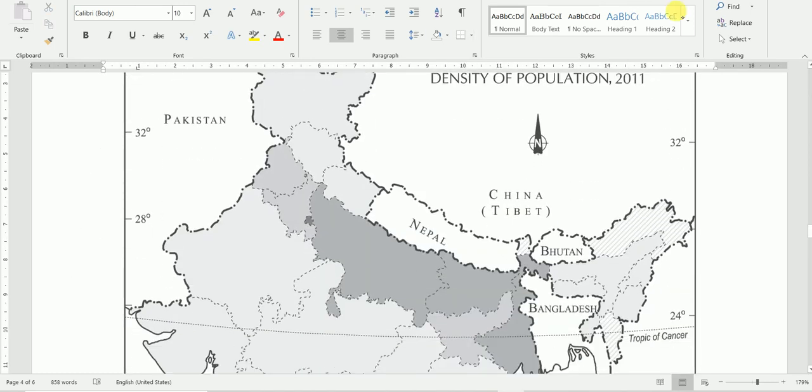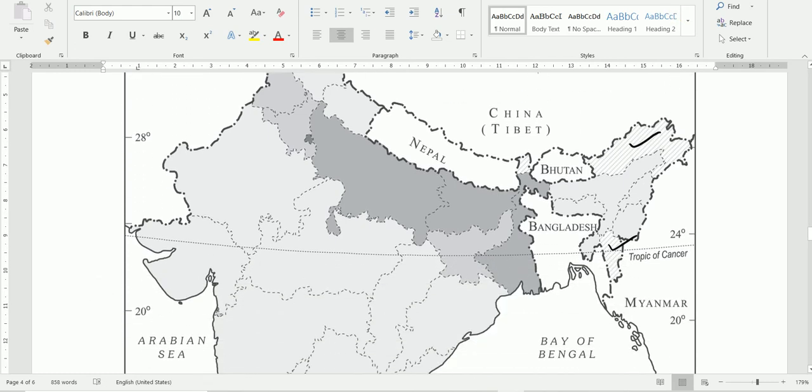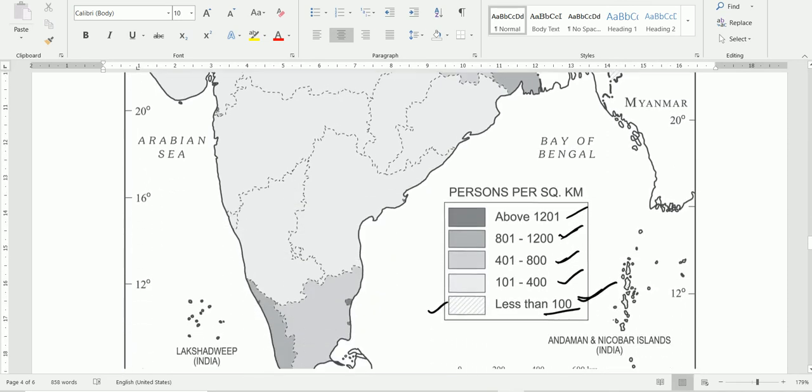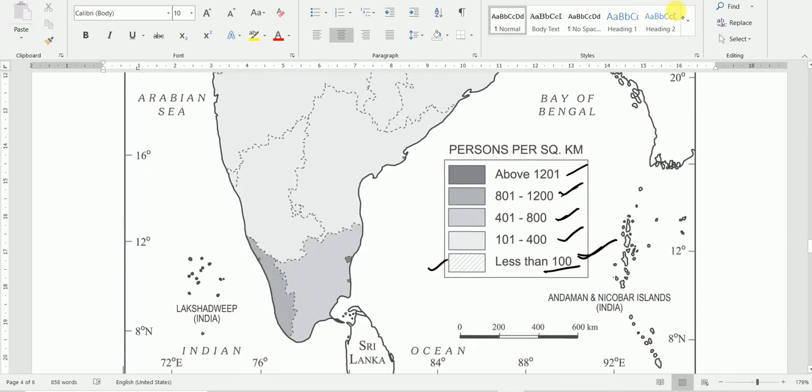See Arunachal Pradesh, Mizoram, and some other union territories, Andaman Nicobar Islands. And likewise, see for the next category also, 101 to 400 persons per square kilometer.